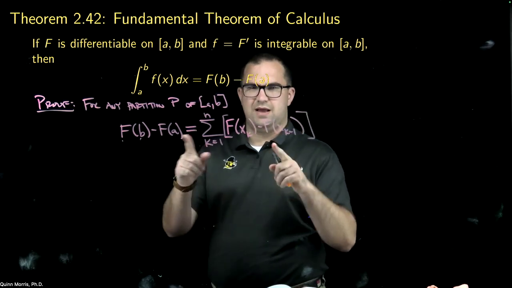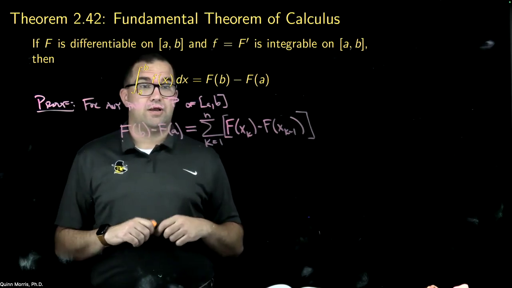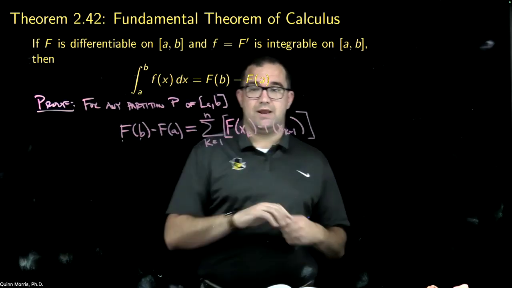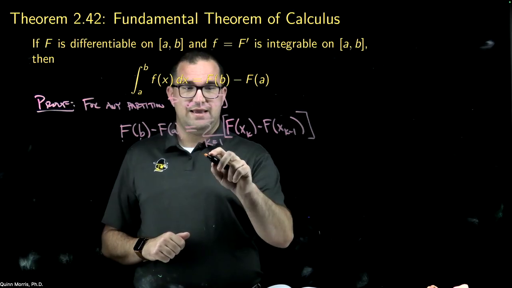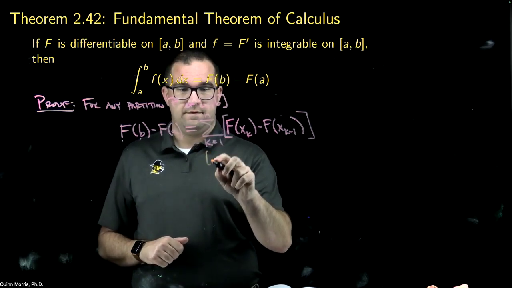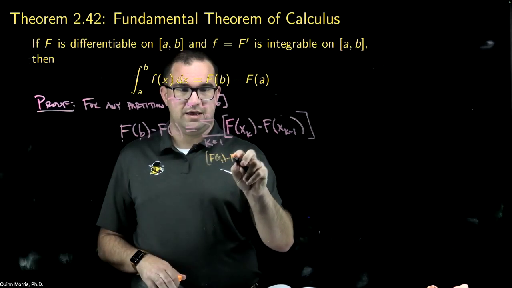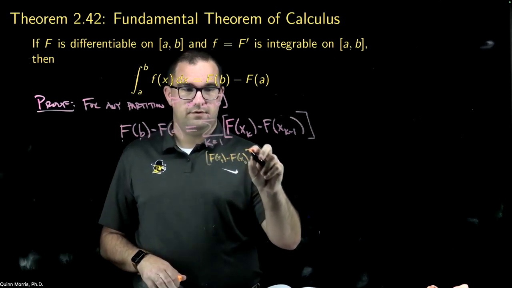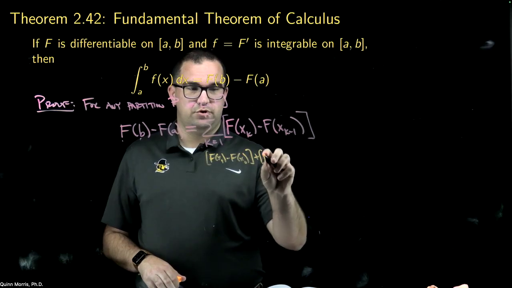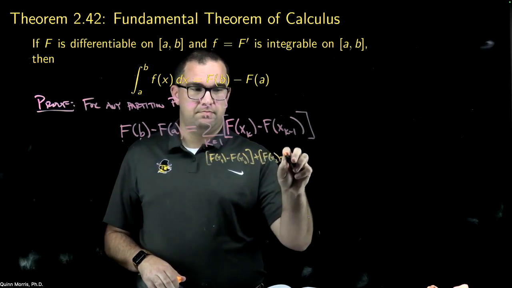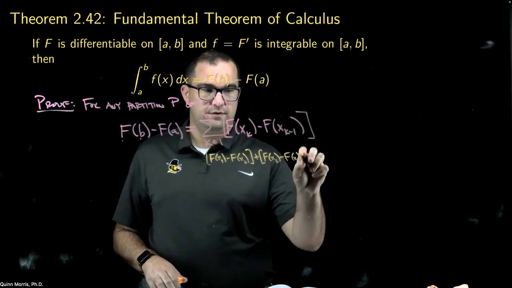And you might be saying, wait, I don't see how that works. This is what we call a telescoping sum. If I start writing out the terms, when k is equal to 1, I get F(x_1) minus F(x_0). When k is equal to 2, I'd get F(x_2) minus F(x_1).